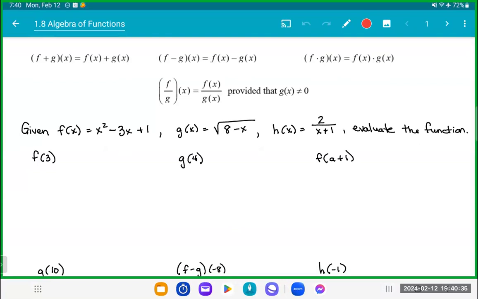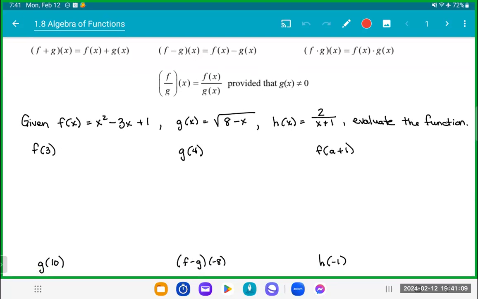Up at the top, if I take one function and add it to another function, it's the same as substituting my x value into the f function and into the g function and adding them together. It works the same with subtraction, multiplication, and division, so long as the function on the bottom is not equal to 0 if I'm doing division.